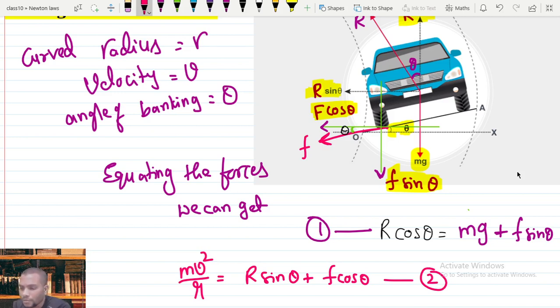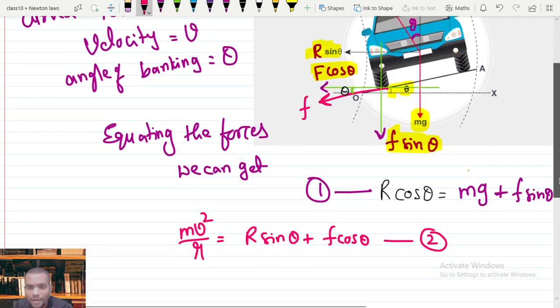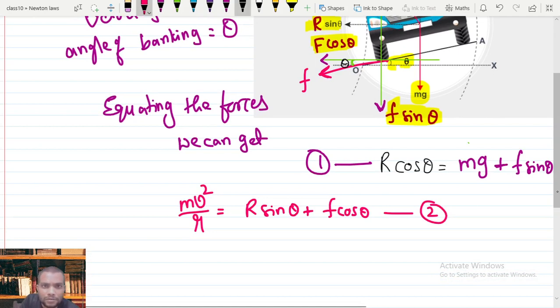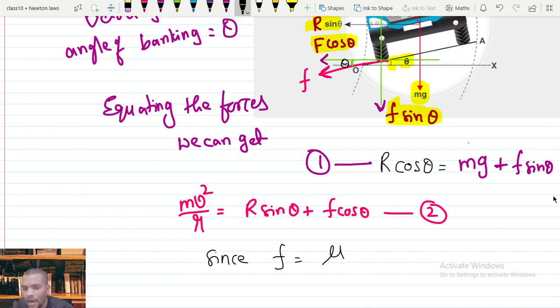Now if you substitute in the place of F, since friction F equals mu times R, here mu is the coefficient of friction.